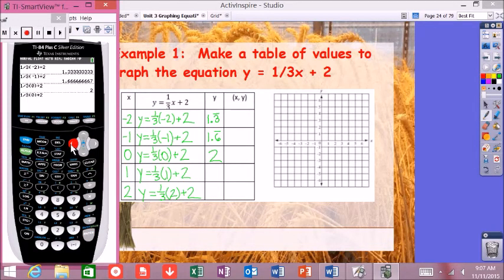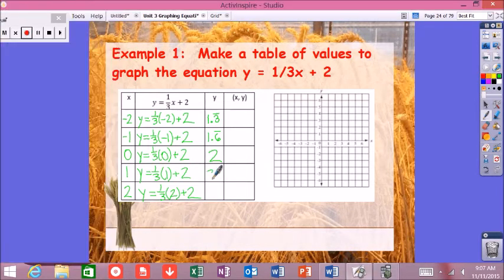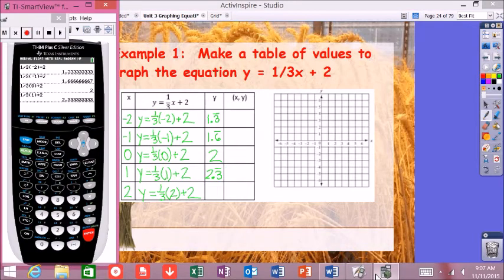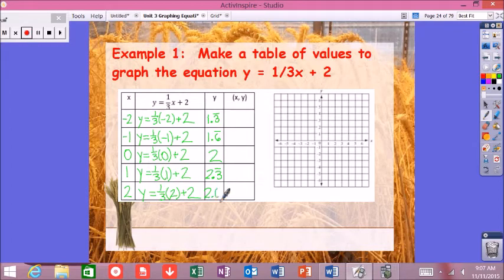Plugging in the 1, 1/3 times 1 plus 2, 2 1/3, or 2.3 with the 3 repeating, so I'll place the bar over the 3. And finally, plugging in a 2. 1/3 times 2 plus 2 is 2 2/3, which is 2.6 with the 6 repeating, or you can round that to 2.7 on your paper.